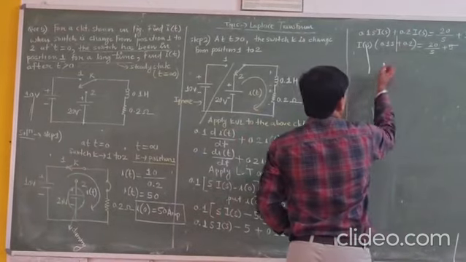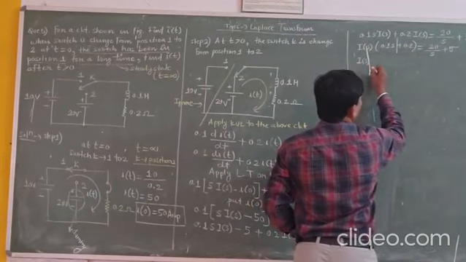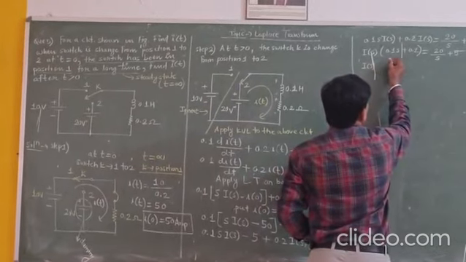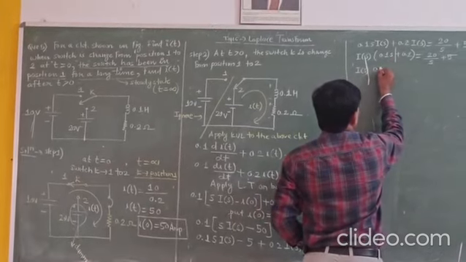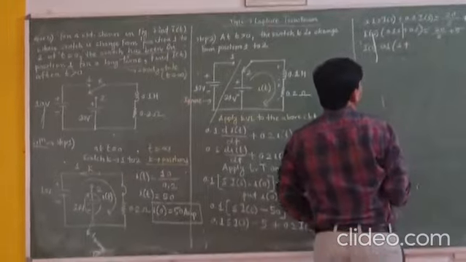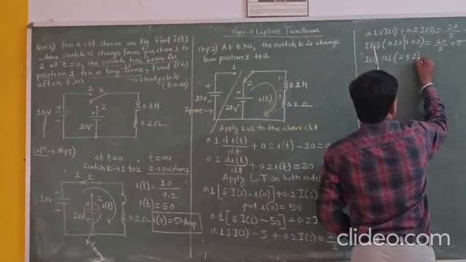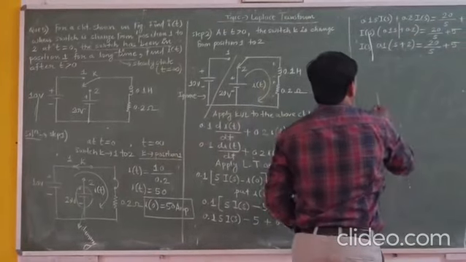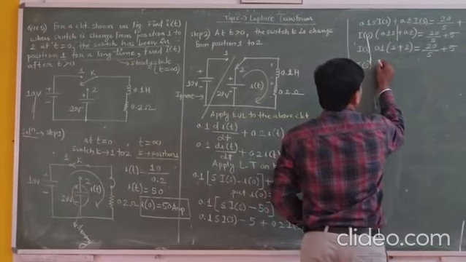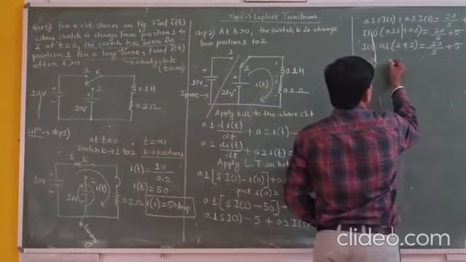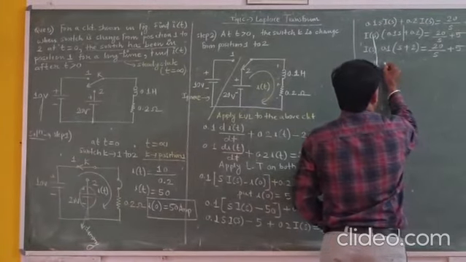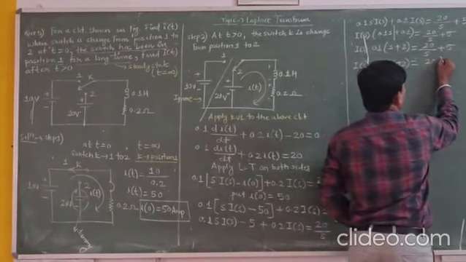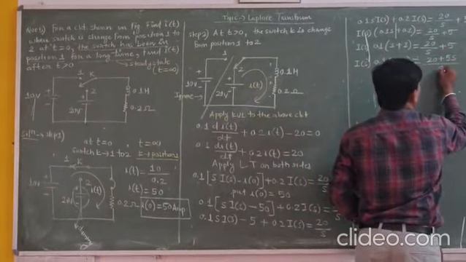Now taking 0.1 common over here, I of s into 0.1 times s plus 2 equals to 20 by s plus 5, that is 20 plus 5s divided by s.